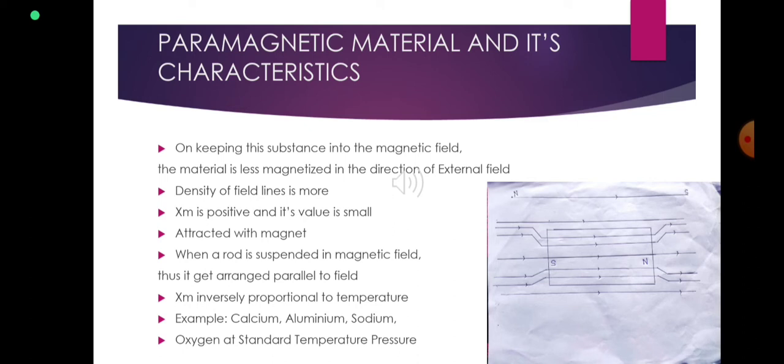So sixth characteristic is chi-m is inversely proportional to the temperature. If temperature increases, chi-m decreases. So the examples of paramagnetic material are calcium, aluminium, sodium, oxygen at standard temperature pressure.